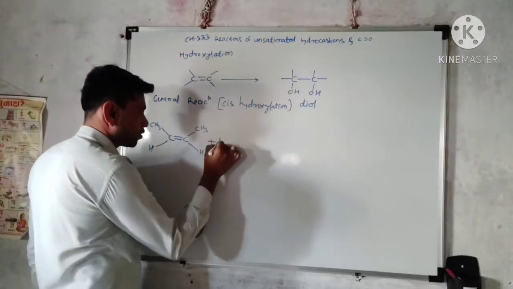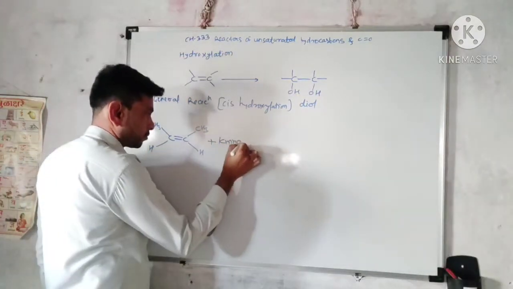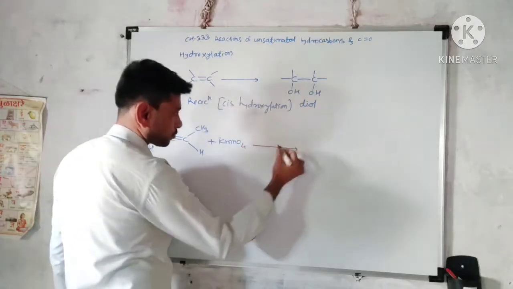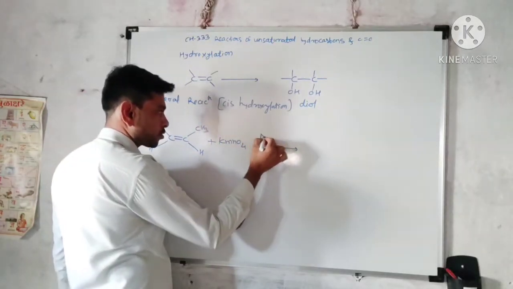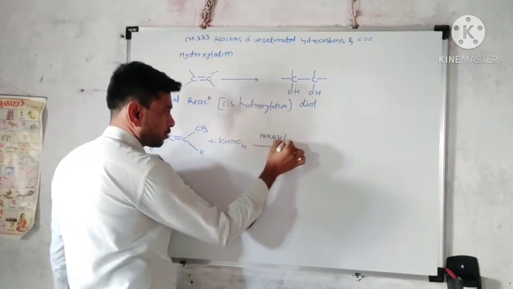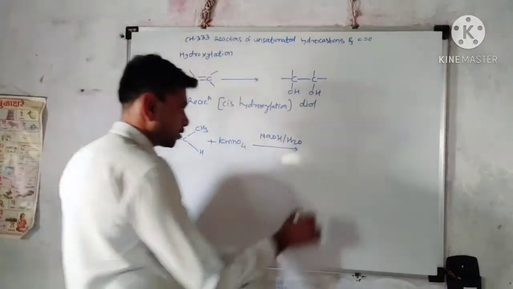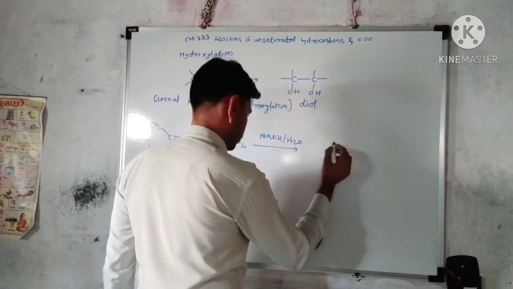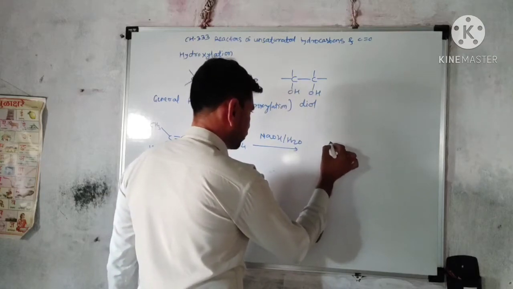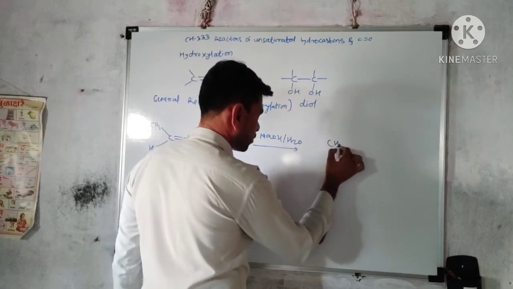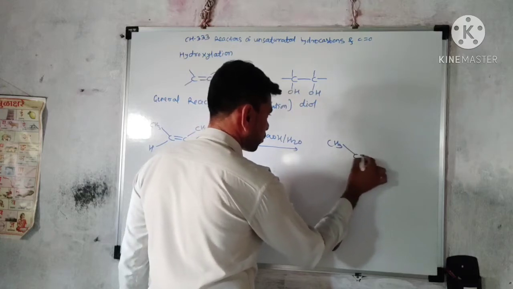This cis compound, when we add KMnO4 in presence of alkaline condition, then we get the formation of cis diol.